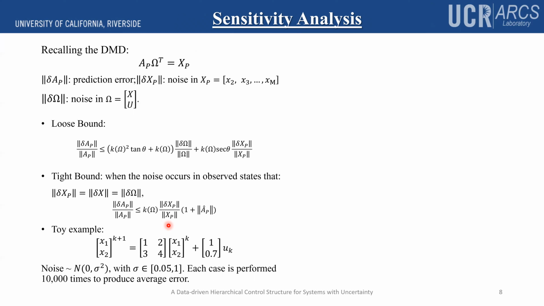Here we use a toy example to show our results. We combine the noise in the measurements when we do the modeling and the prediction. The noise is normally distributed with zero mean and sigma as its standard deviation, where sigma is set in the range from 0.05 to 1, and each case is performed 10,000 times to produce the average error.